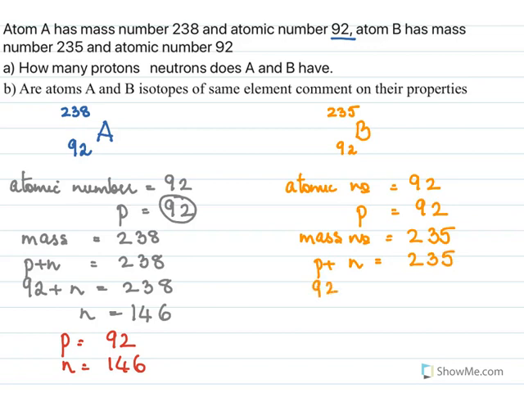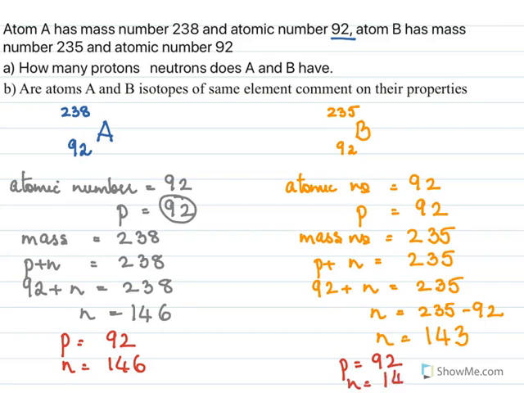We know protons is 92, so neutrons is 235 minus 92. So neutrons here is 143. So for this atom, protons 92, but neutrons 143.